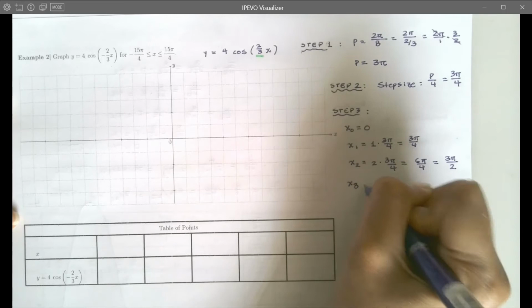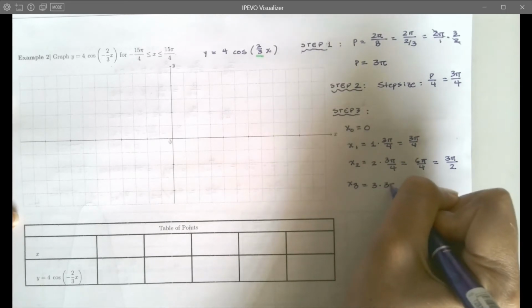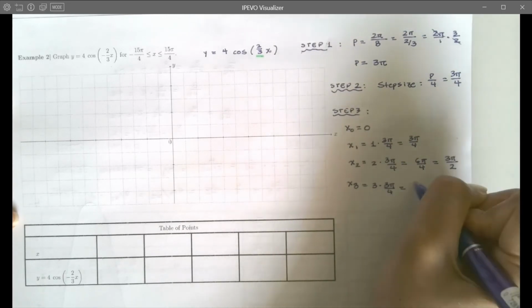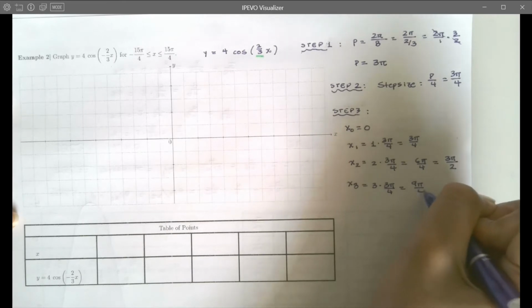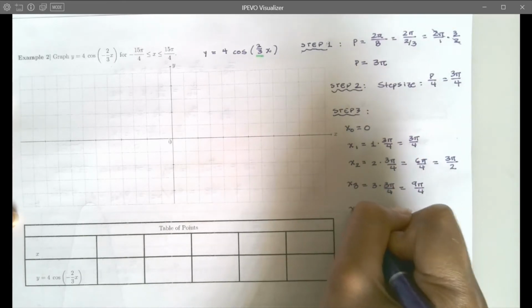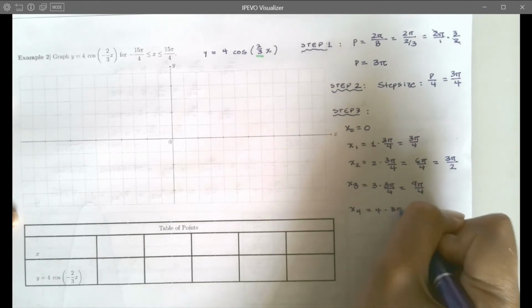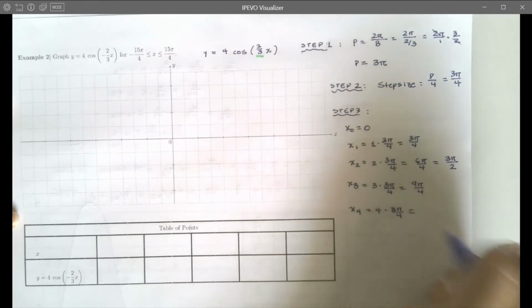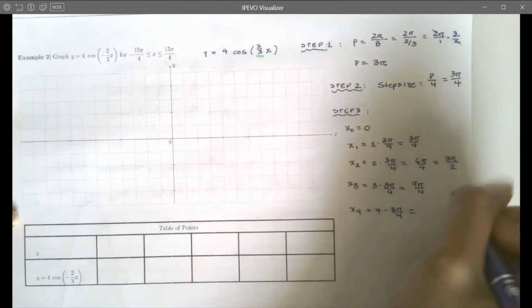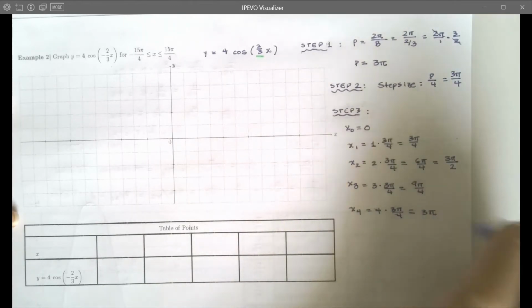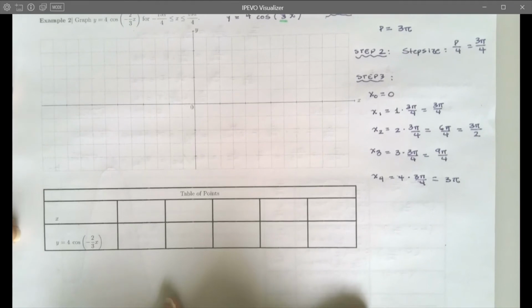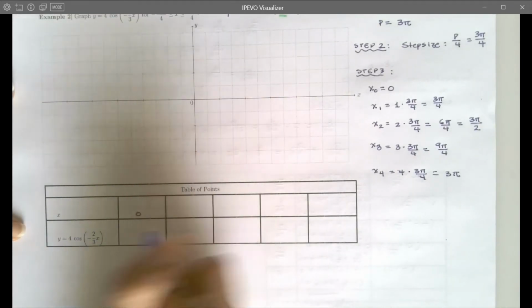Next one is going to be 3 times 3 pi over 4, which is 9 pi over 4. And last one, 4 times 3 pi over 4. The 4's are going to cancel, giving us 3 pi. Okay, so we'll transfer over those values.